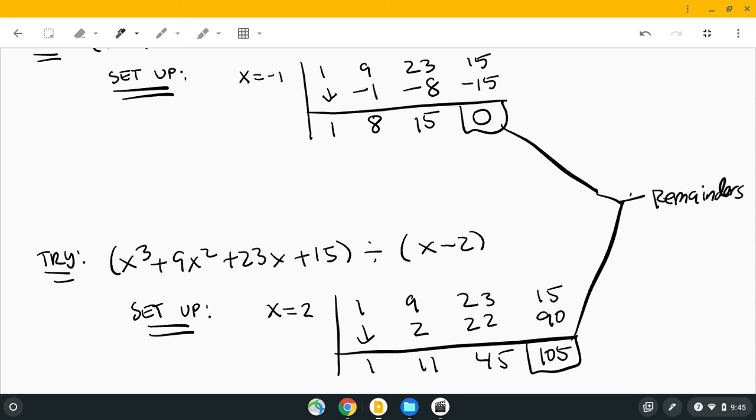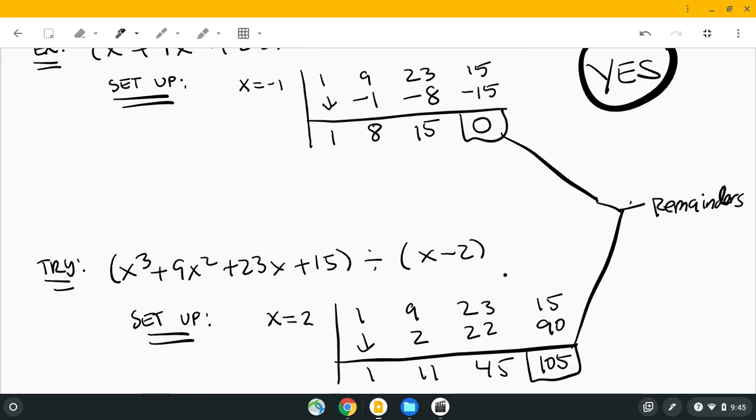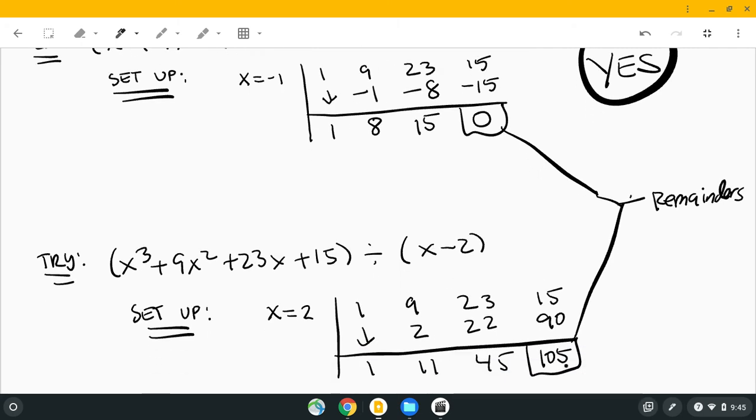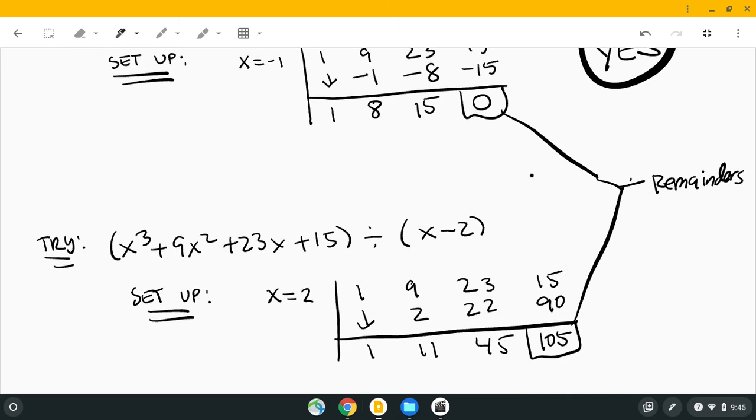So over here, where we have 0 remainder, that means, yes, x plus 1 is a factor. But down here, we got a remainder of 105, so that's a big old no. So no, x minus 2 is not a factor of this degree 3, okay?